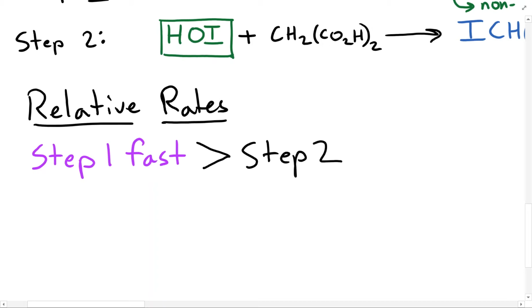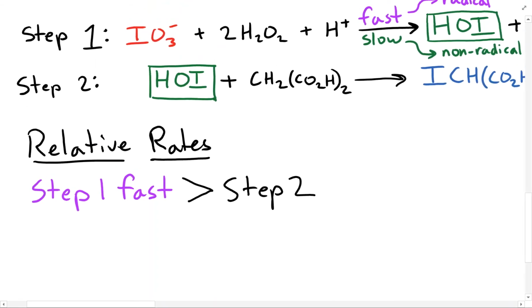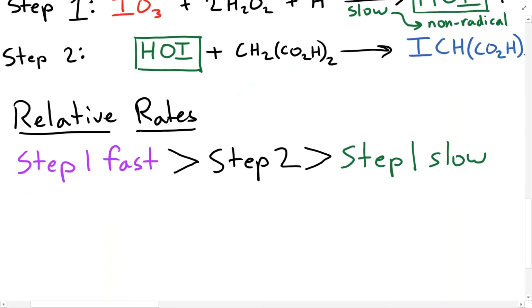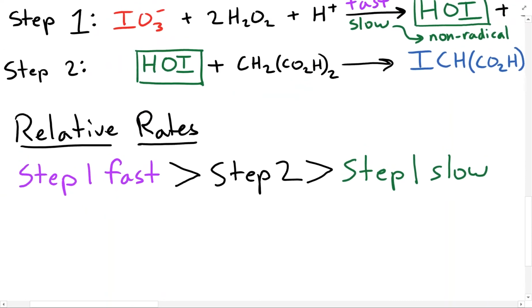Step 2, which we remember consumes HOI, is slower than the fast step 1. And step 1 slow, which is of course the non-radical mechanism, is actually slower than both of those.